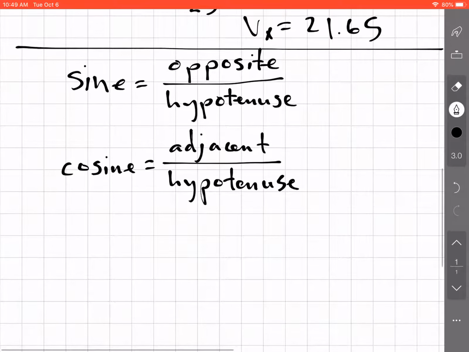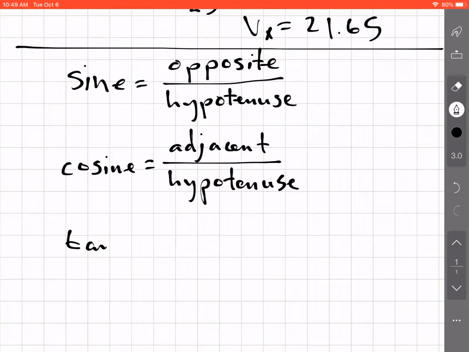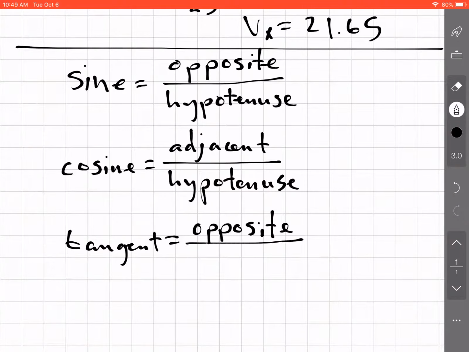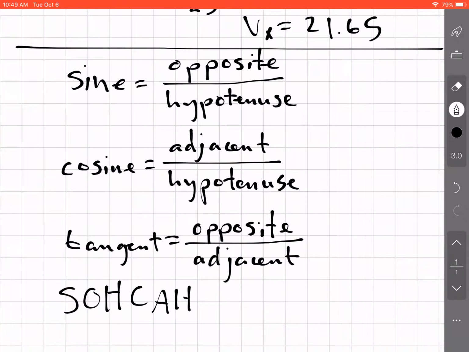We won't use this a whole lot, but tangent is opposite over adjacent. I'm sure you guys have heard of SOHCAHTOA, this little acronym to help you remember. If you know how to spell SOHCAHTOA, then you know all of your sine, cosine, and tangent: sine is opposite over hypotenuse, cosine is adjacent over hypotenuse, and tangent is opposite over adjacent. So that's one way you can remember this.